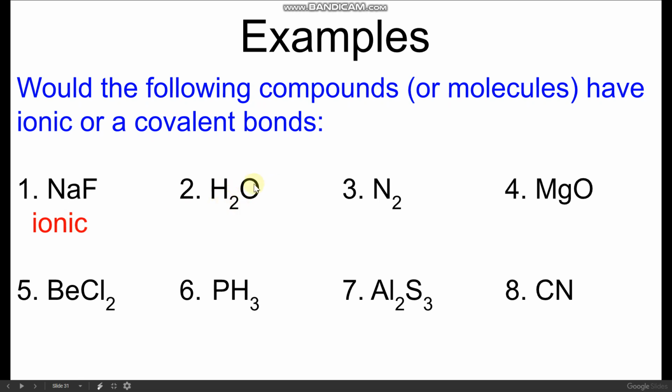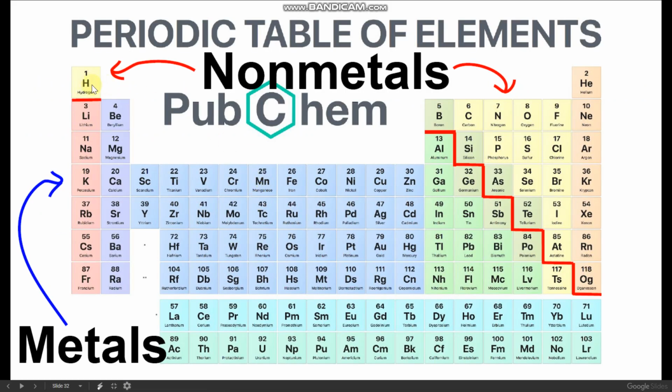So now we have H2O, or water. The H is hydrogen, the O is oxygen, so we're going to look those up on the periodic table. So here we have hydrogen on the periodic table. Here we have oxygen. And those are clearly both nonmetals.